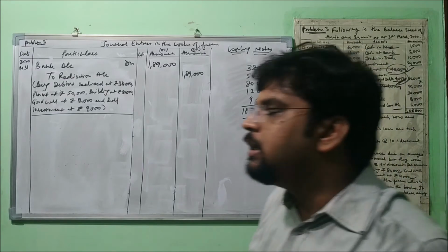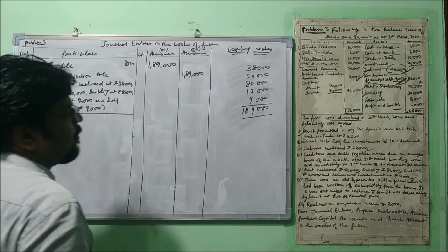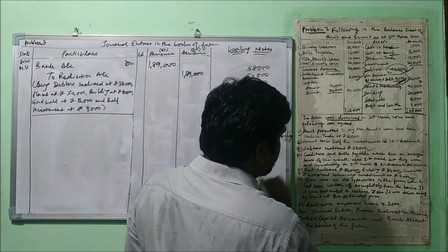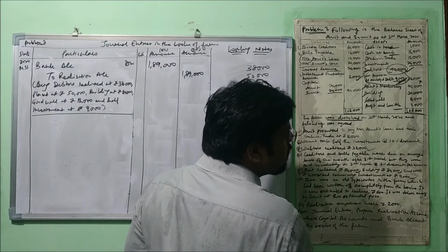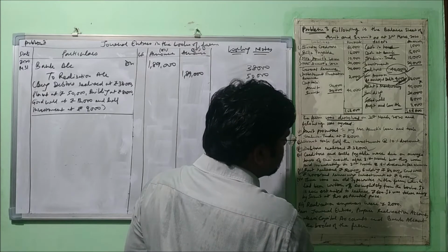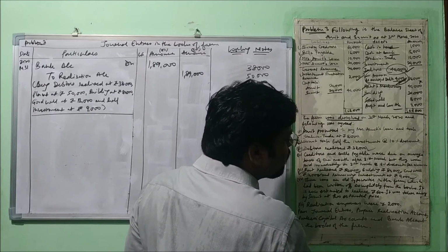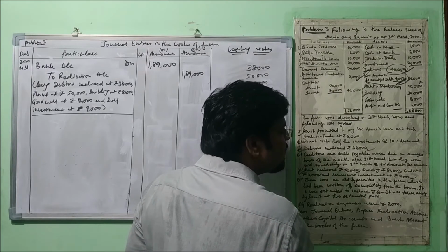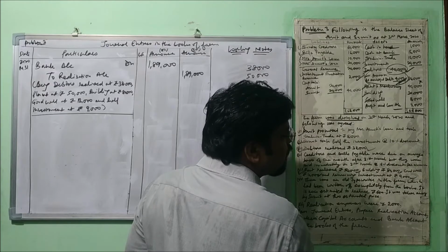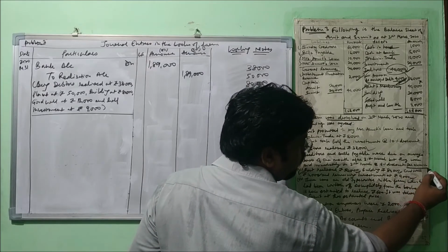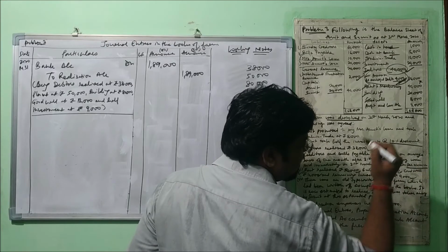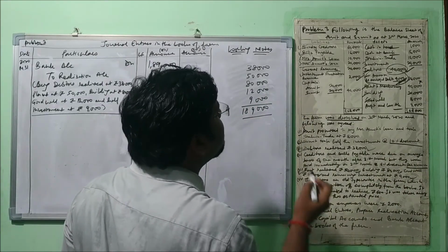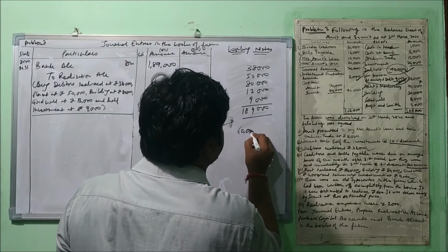Fine. Similarly, now let's pass the entry for the liabilities payment. This is done and this is also done. Now let's talk about creditors and bills payable who are due on average basis of 1 month after 31st March, but they were paid immediately on 31st March at the rate of 6% discount per annum. We focus here: it was not per annum, but here it is. So let's understand what it is trying to say. It is saying that creditor is there at 60,000.